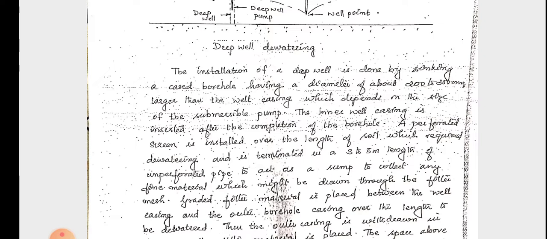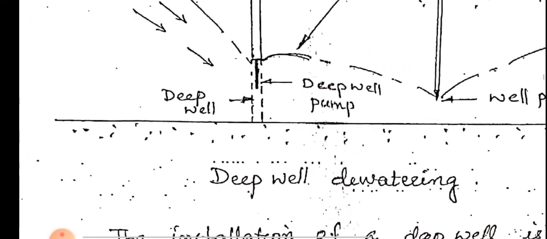It has a diameter of about 200 to 300 mm, which should be greater than the well casing. The well casing diameter depends upon the size of the submersible pump, because here we are going to install the submersible pump below the discharge pipe, right?